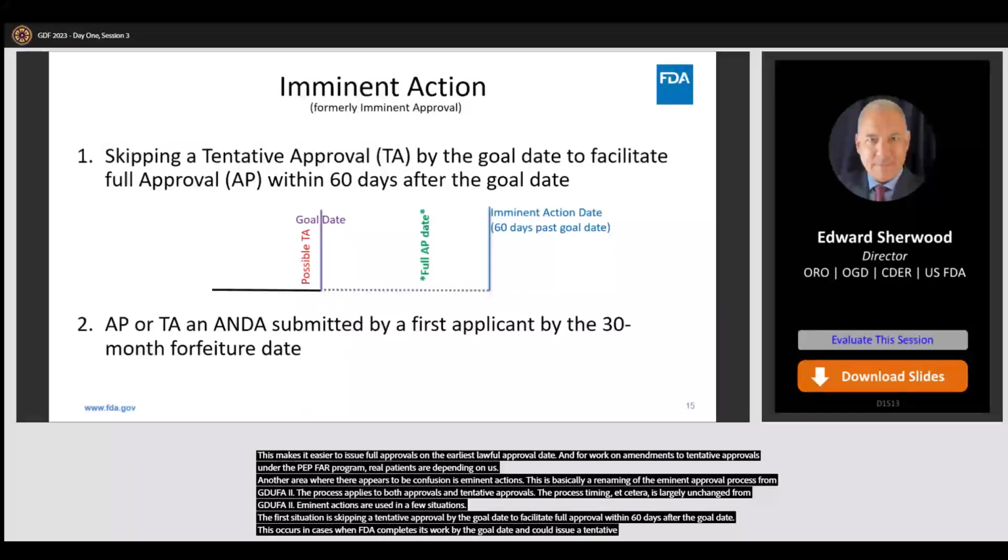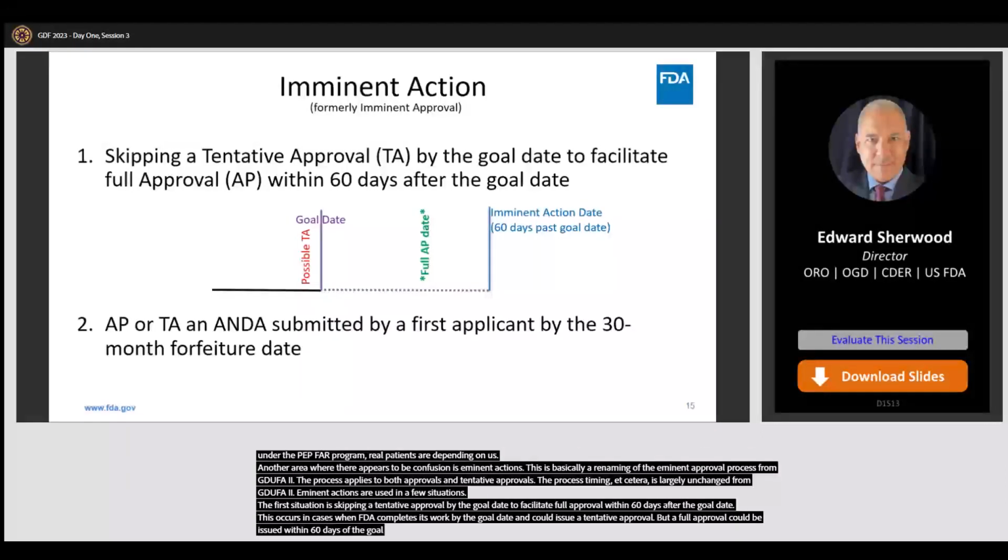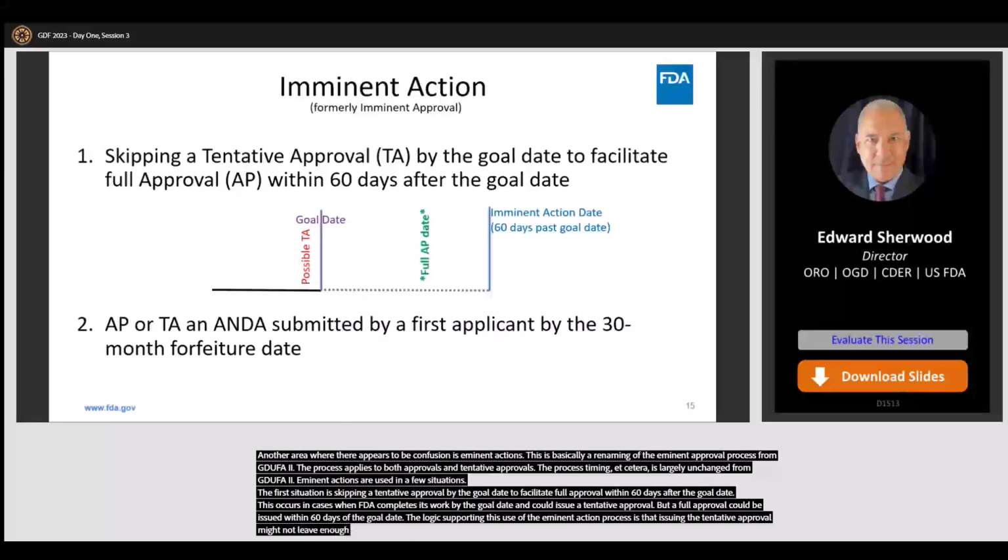The logic supporting this use of the imminent action process is that issuing the tentative approval might not leave enough time for the applicant to request full approval and the FDA to complete work to issue the approval on the earliest possible date. This is a win for the applicant, FDA, and the patient.